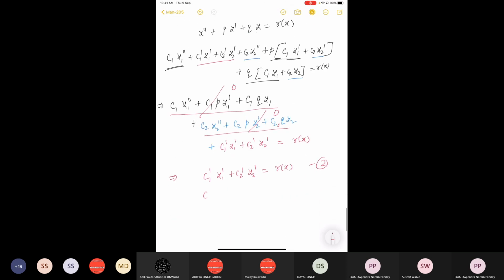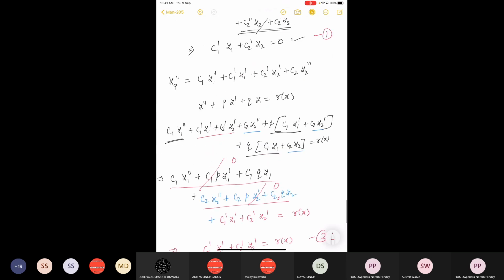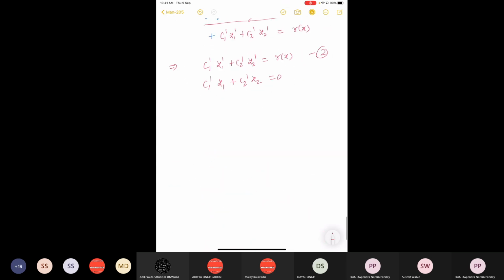So here we have one condition, that c1 dash y1 plus c2 dash y2 is equal to 0, right? This is condition 1. So it means that now we have two conditions in terms of c1 and c2. What are those conditions? First, c1 dash y1 plus c2 dash y2 is equal to 0.